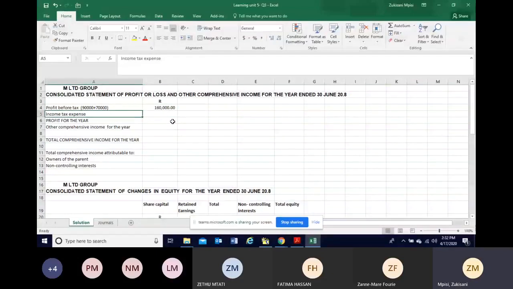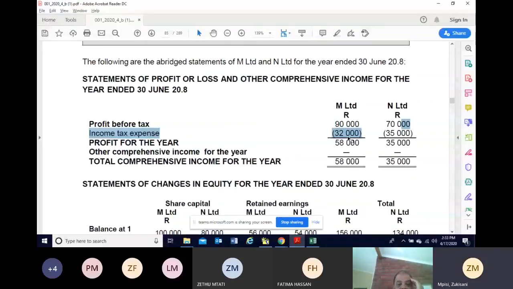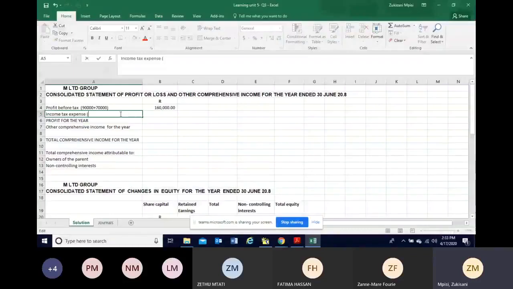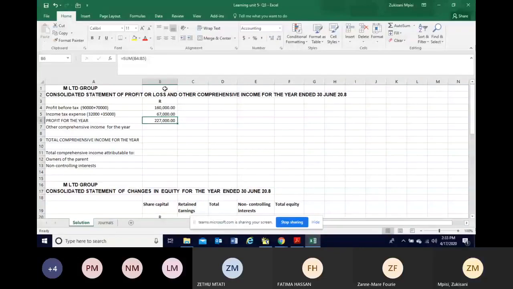Tax expense. Tax expense is 32,000 plus 35,000. No changes there. 32 plus 35,000. And then we've got profit for the year, which is 227,000.